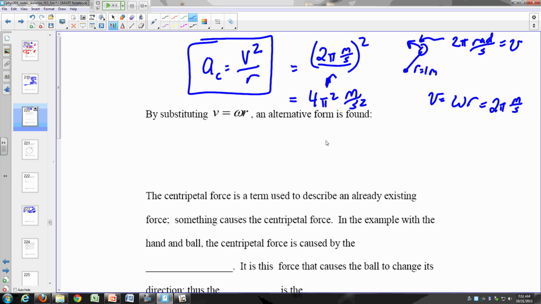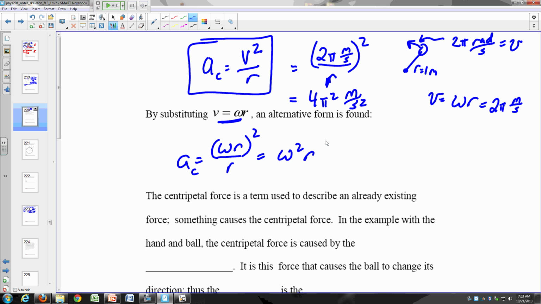We can also find an alternate form for this, because we know that v is equal to omega r, so we can just do that by substitution. The centripetal acceleration is omega r squared over r, and so then you get the centripetal acceleration as omega squared r.